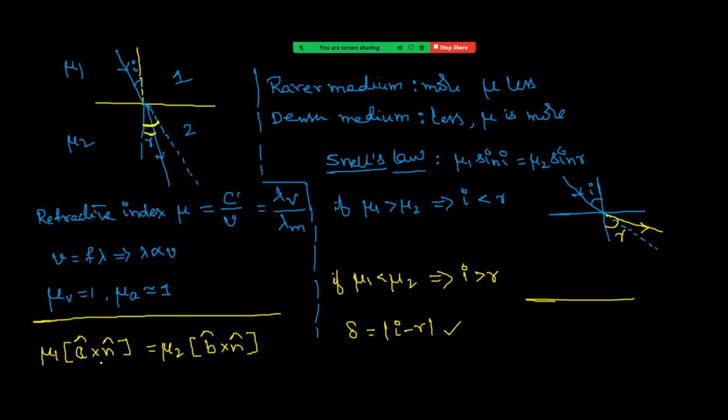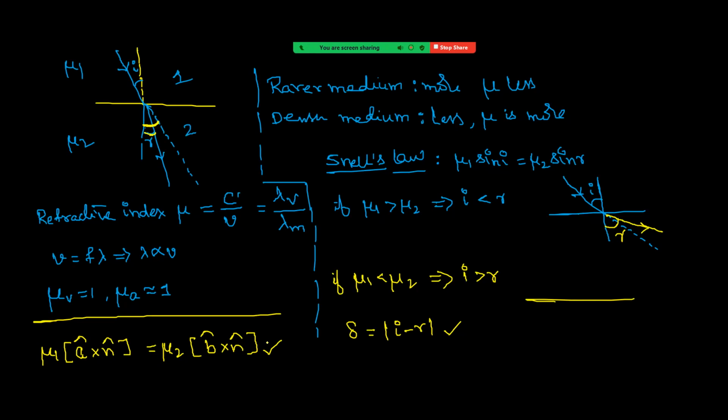Here n cap stands for the unit vector along the normal at the point of incidence. I am repeating, n cap is the unit vector along the normal at the point of incidence, A cap is the unit vector along the incident light ray, and B cap is the unit vector along the refracted ray. This is now Snell's law in vector form.